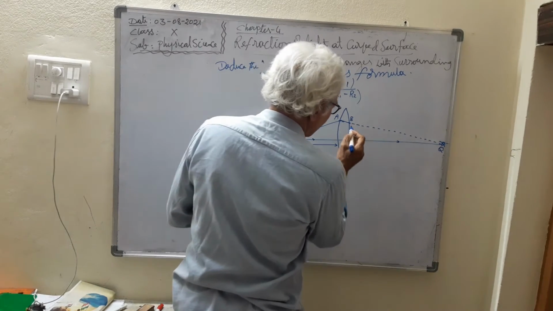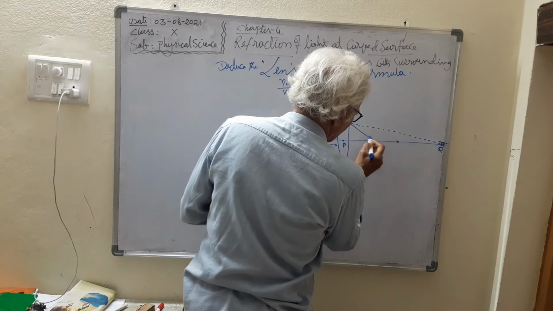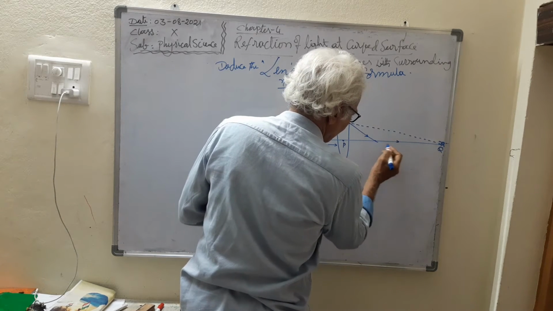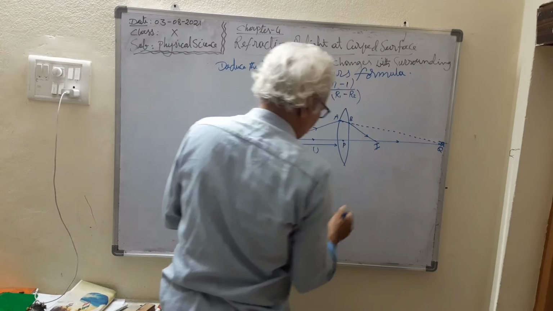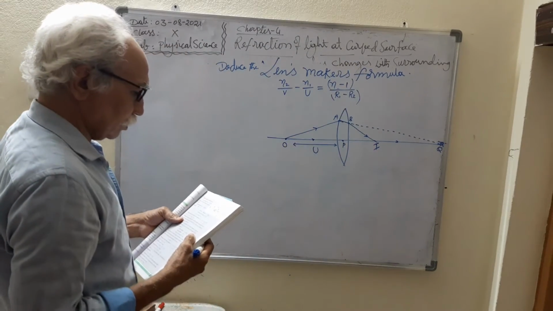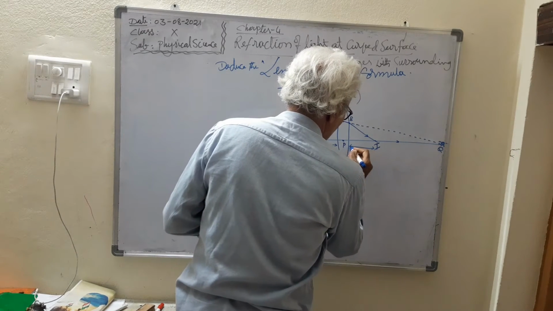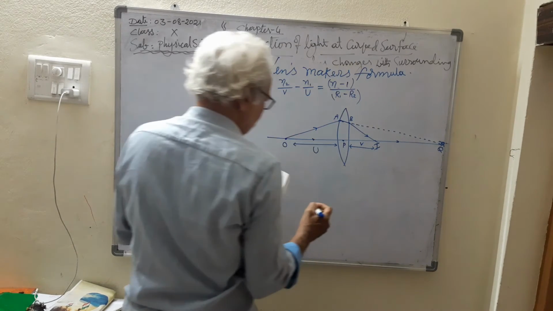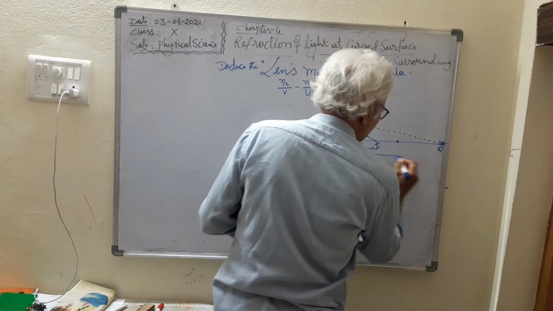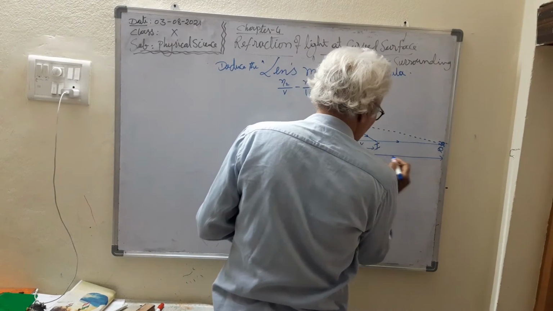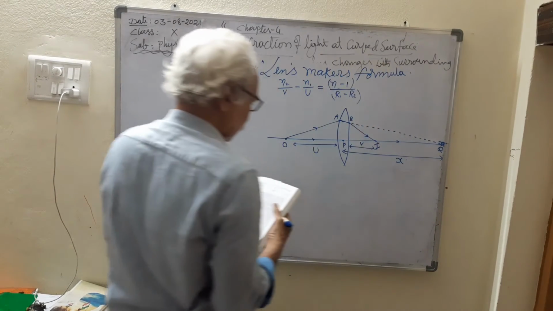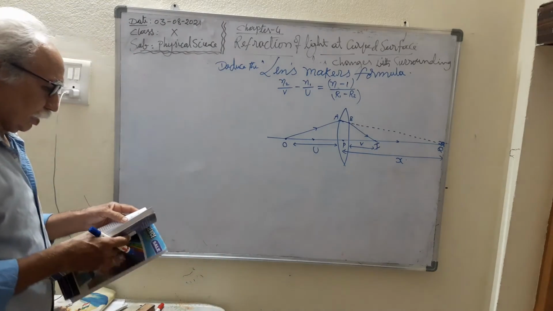It is refracted and crosses the principal axis at the point I. So I is the image, and the distance of the image is equal to v.